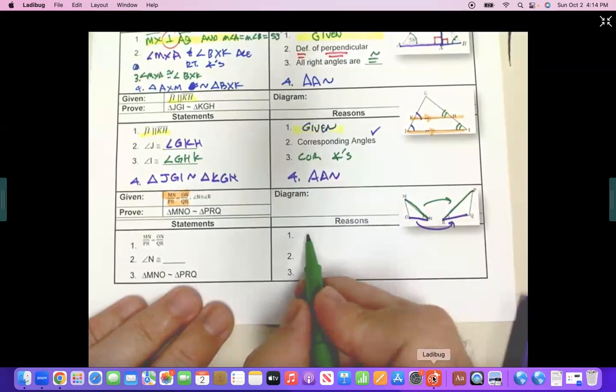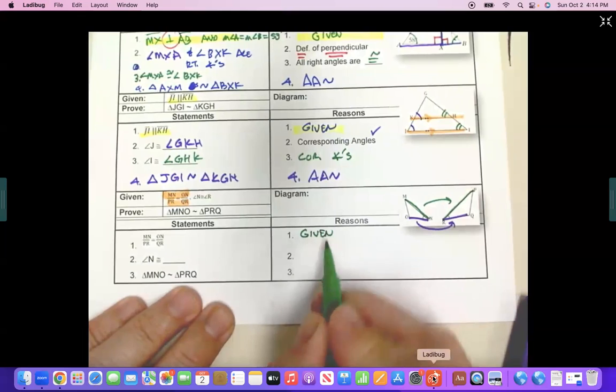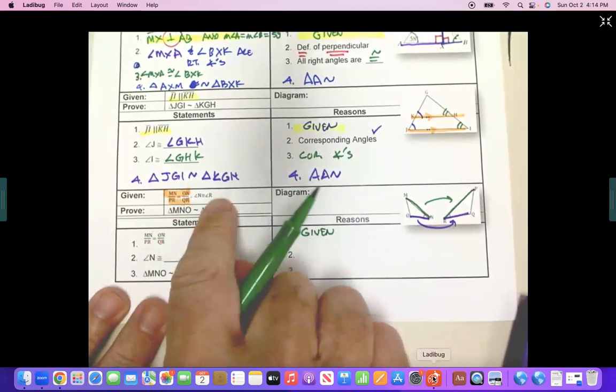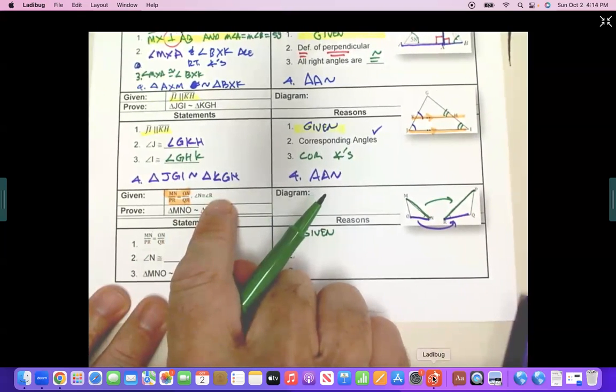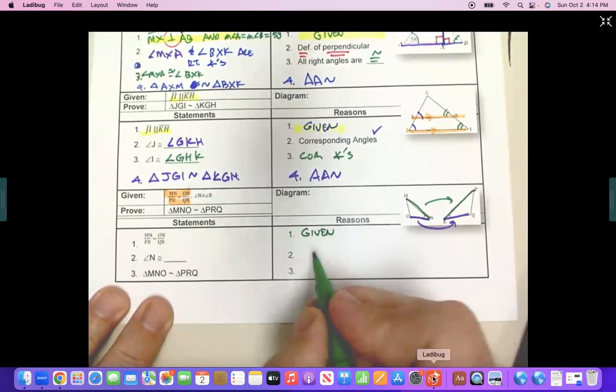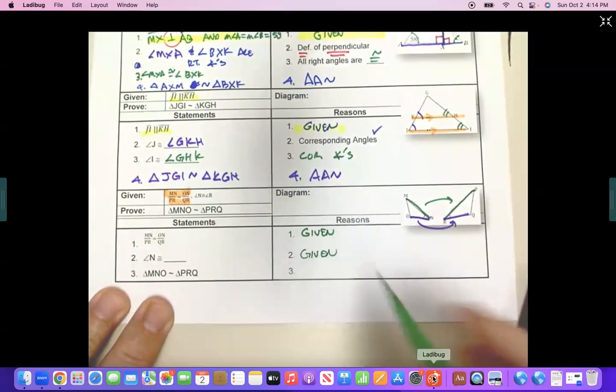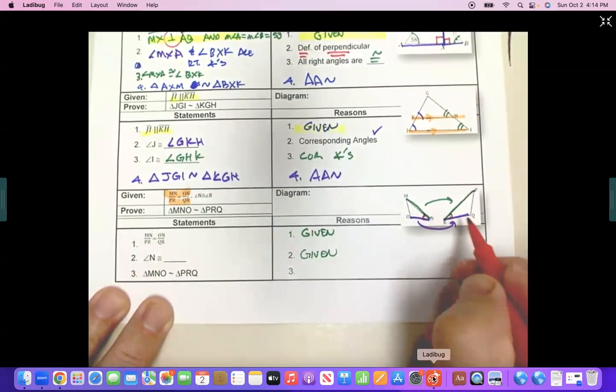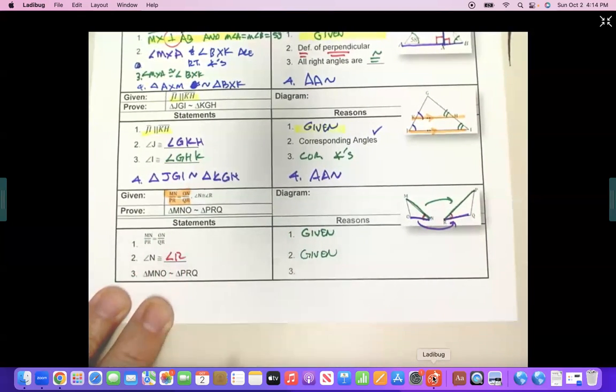That is part of our given statement. And then another part of the given statement, this time written on a second line, is that these two angles here, N and R, are congruent to each other.